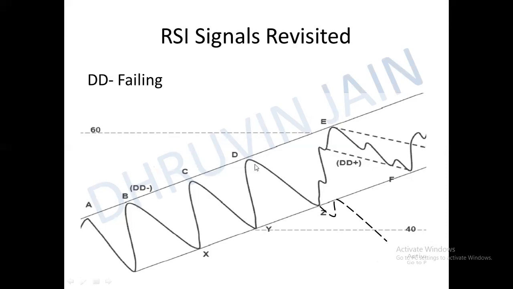Multiple DD plus and DD minus are occurring, and price is continuing its trend inside the channel. A DD plus could also have occurred when the price is consolidating and making a reversal structure. Price could have made a DD plus structure inside the ascending channel alone.